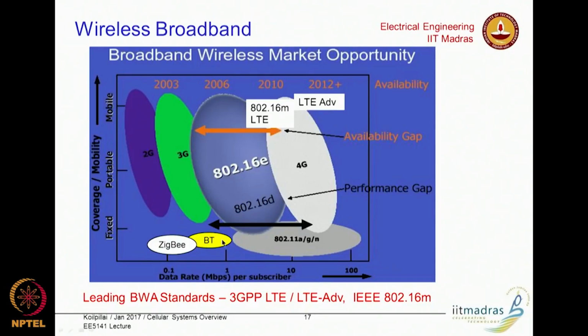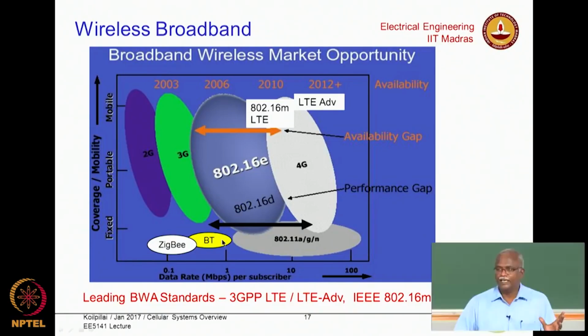So Zigbee and Bluetooth are fundamentally systems that do not provide handoffs or mobility. More or less you are within a room or within a building, but the data rates can go, in the case of Bluetooth, up to 1 megabit per second, and a little bit higher in the newer evolutions of Bluetooth.